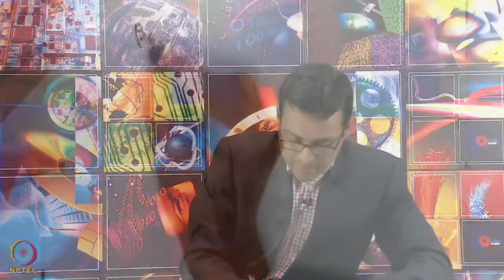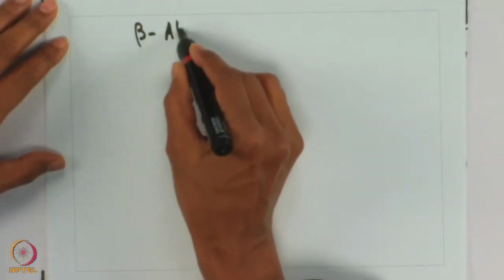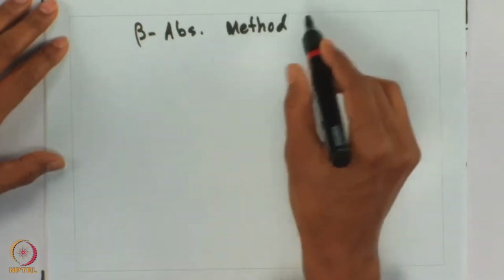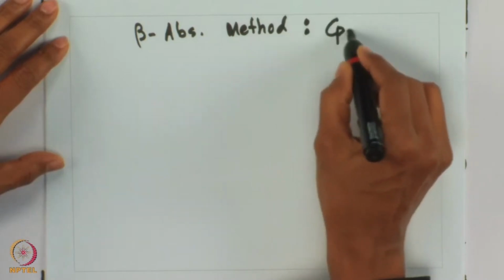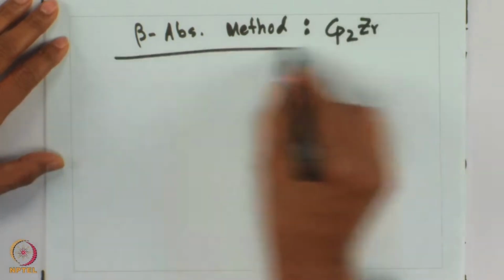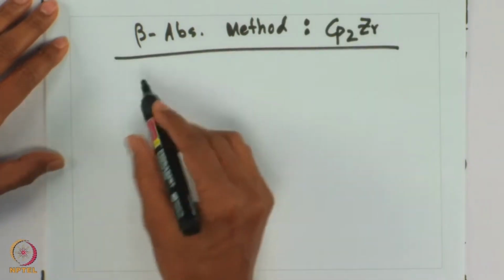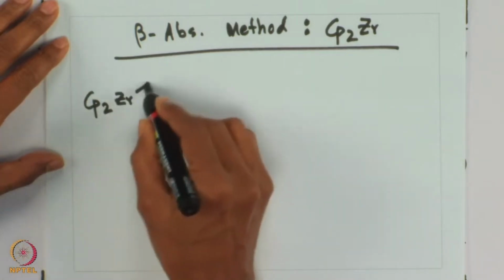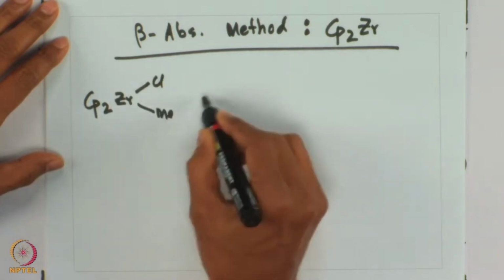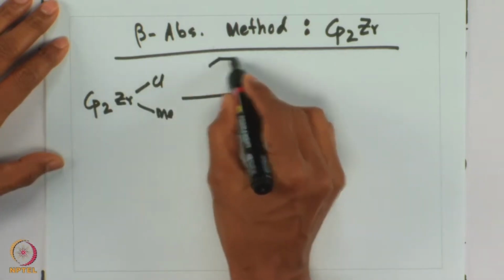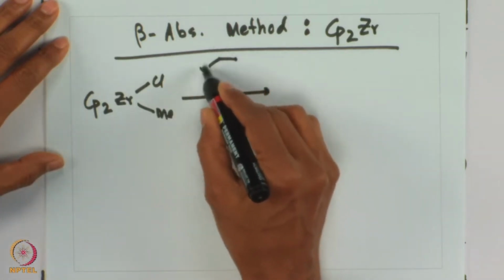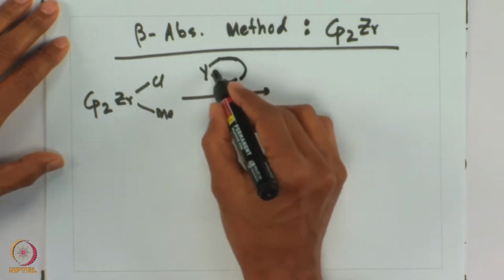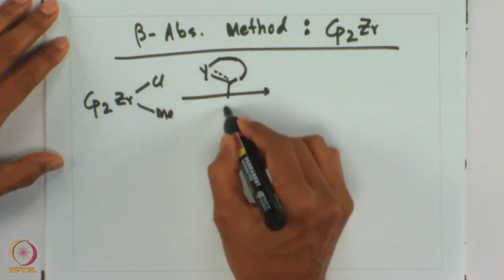cyclopentadienyl zirconium species directly without going through the reactive metal fragment that we were discussing in the last class. So, the beta abstraction method for cyclopentadienyl zirconium species formation. Of course, this is the unsaturated version. What we can do is take cyclopentadienyl zirconium chloromethyl and the lithiated intermediate, let us say any cyclic or acyclic intermediate, it does not really matter.